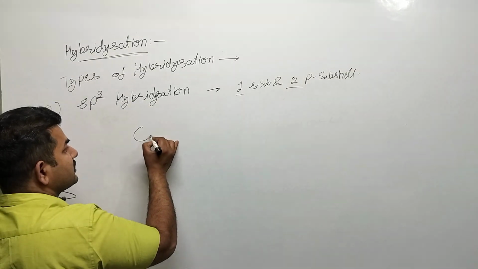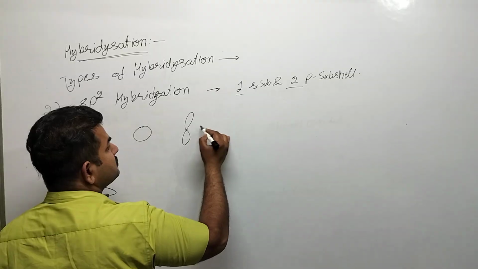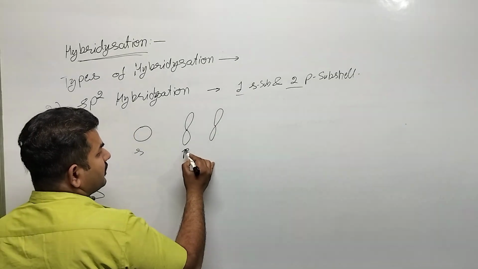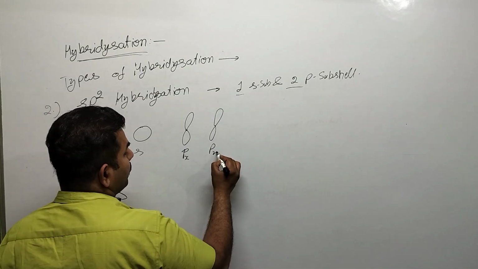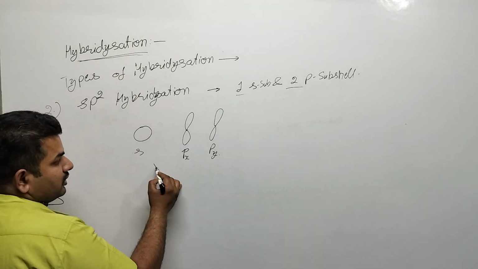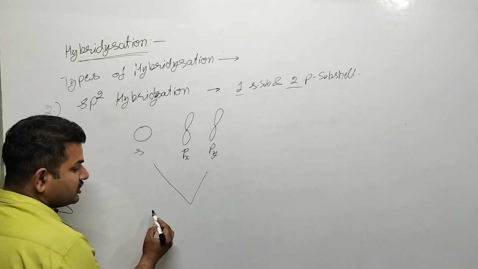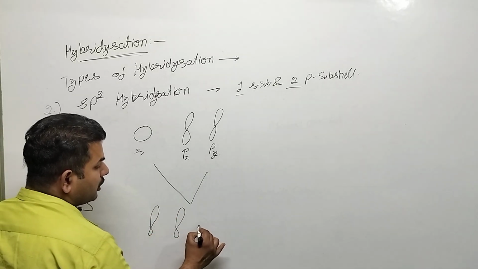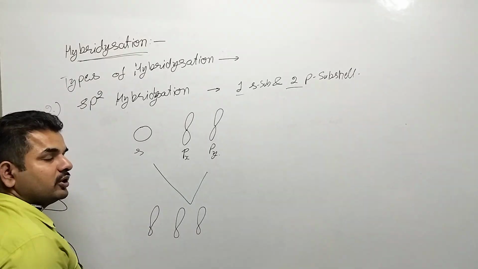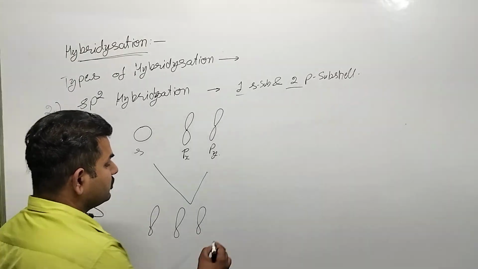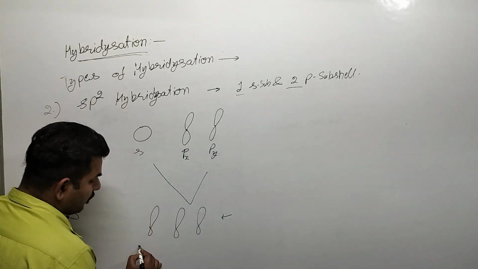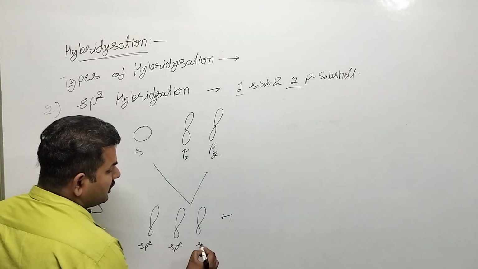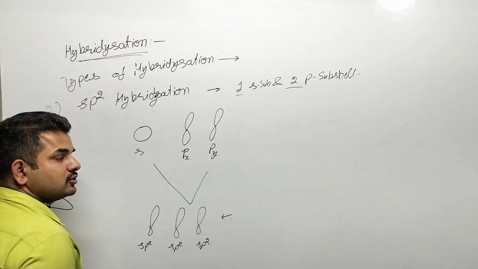That is the s orbital, and these are the p orbitals, px and py. Then they intermix with each other and form an equal number of hybrid orbitals. That means this orbital is sp2 hybridized, this is also sp2, and this is also sp2.